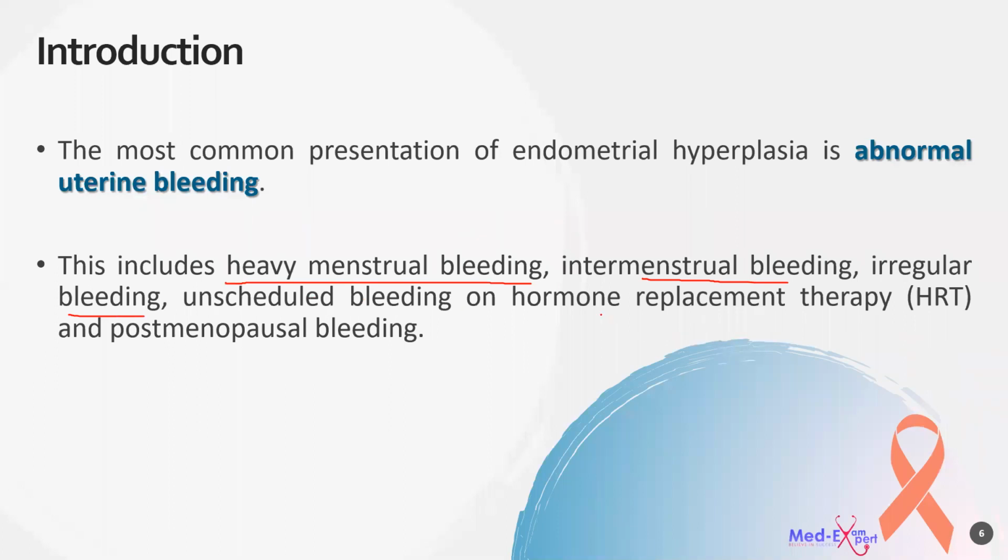Those women who are taking hormone replacement therapy may experience unscheduled bleeding while taking it. So this is a very important and alarming point, and it could also present as post-menopausal bleeding. So that's the main presentation: abnormal uterine bleeding of different forms.